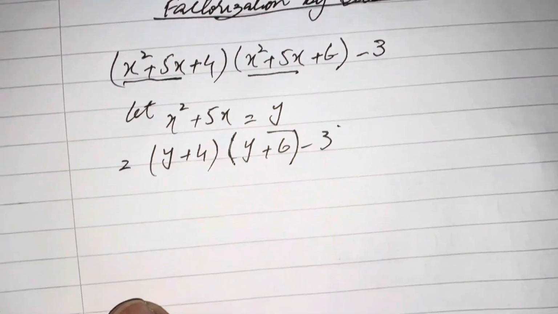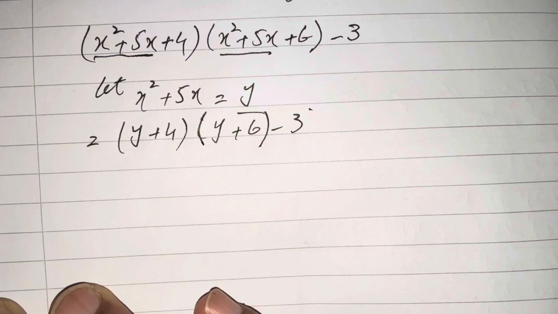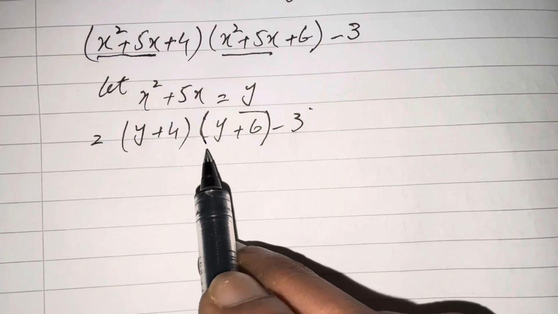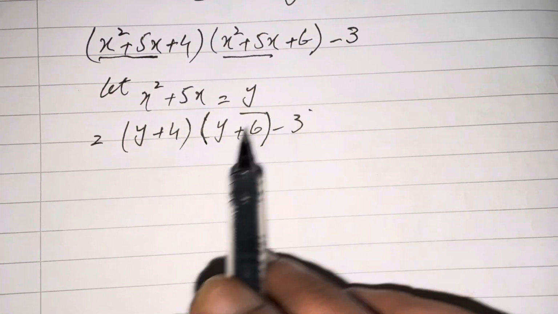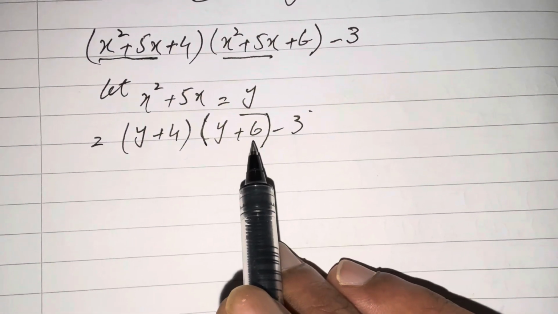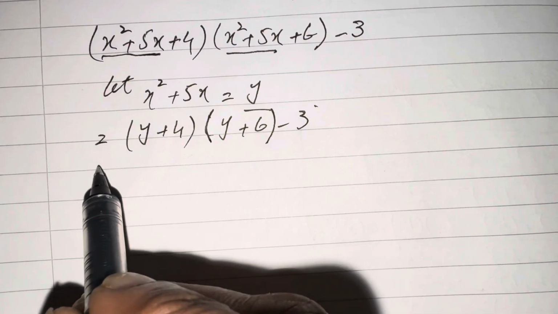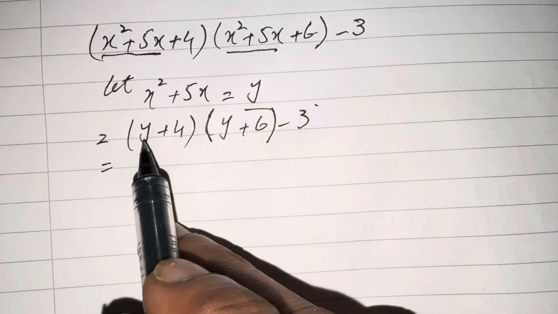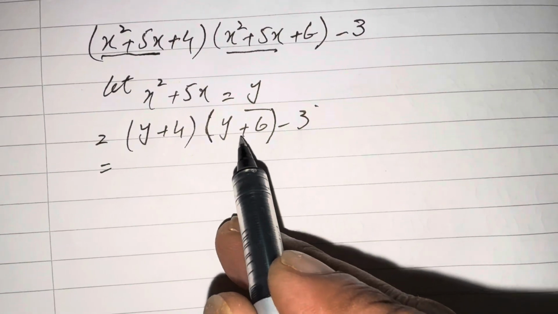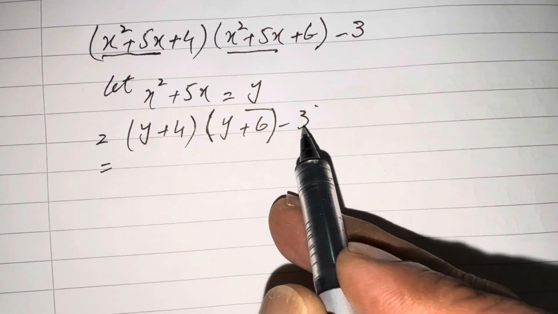So now you can see this question is going to be very easy. Rather than three terms multiplying each other, we are going to multiply two terms with each other. So you can see that y plus 4 multiplied by y plus 6 and then minus 3.